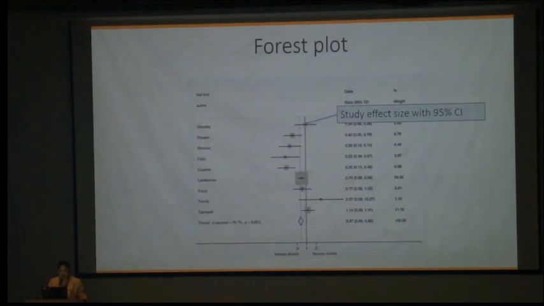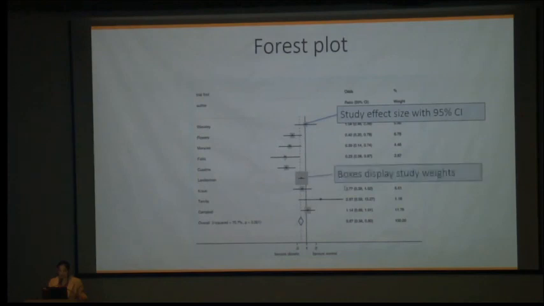Here, you have the graphical representation of the results of the individual studies. So this point in the middle is called the point estimate. And this is kind of like the best guess from the data. And this horizontal line is the confidence interval. So this is the whole range of plausible values consistent with the data. So that's there for every individual study.